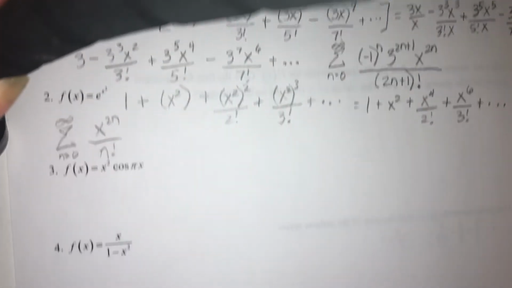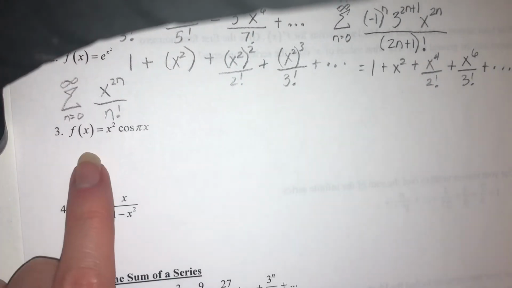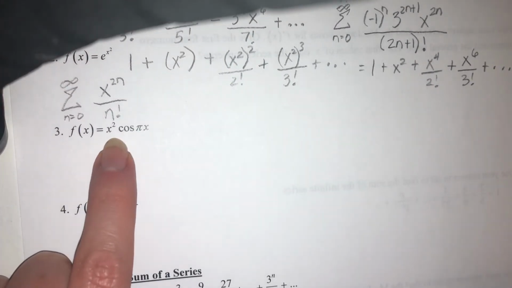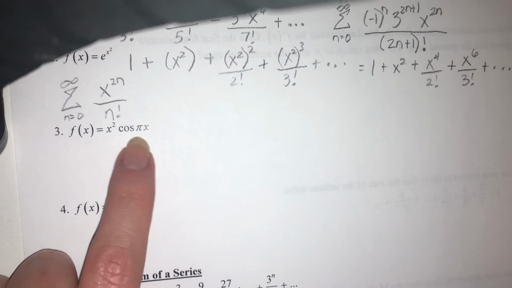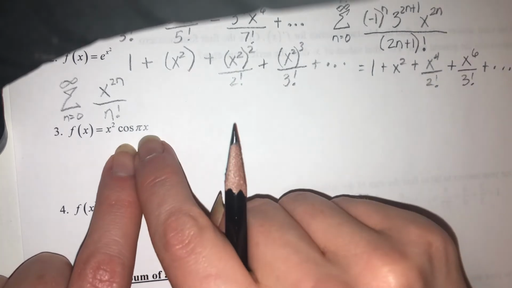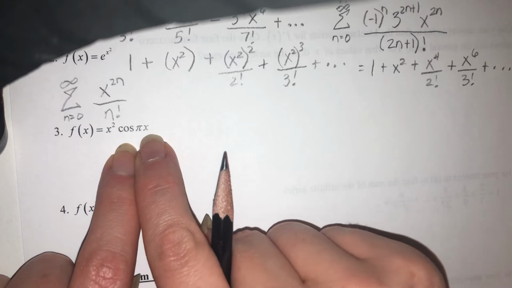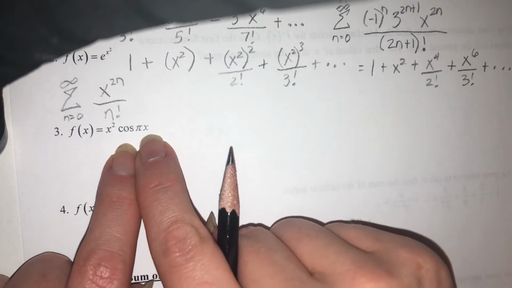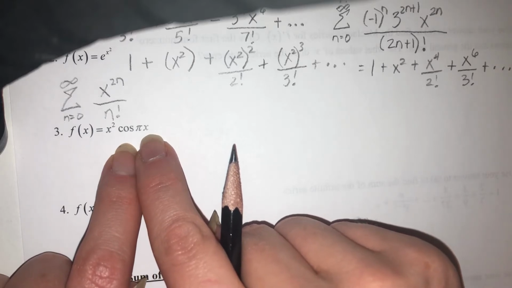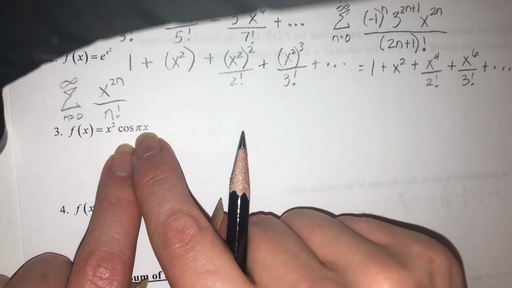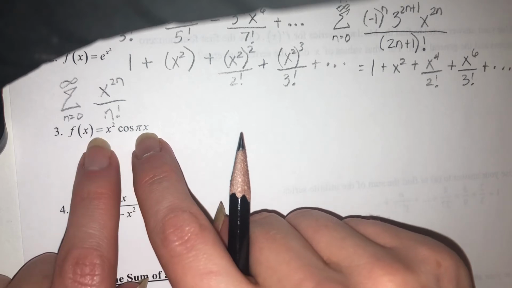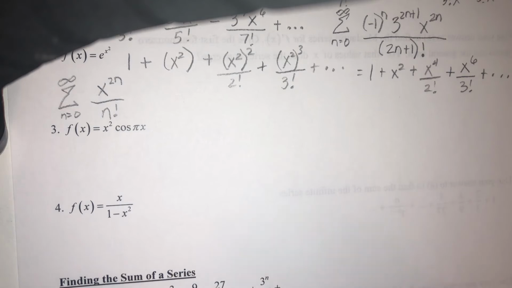All right, number 3. This one, f of x is equal to x squared times the cosine of pi x. So we're going to use the general Maclaurin series for cosine of x, but everywhere we find an x, we will replace it with pi x, and we'll distribute an x squared to each term.